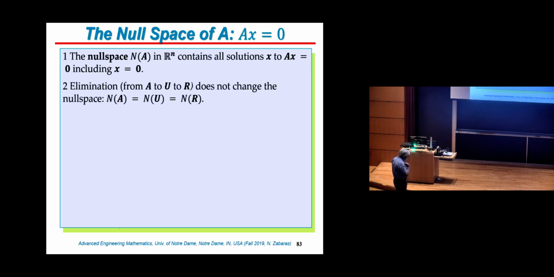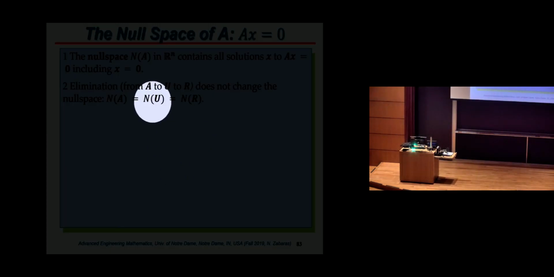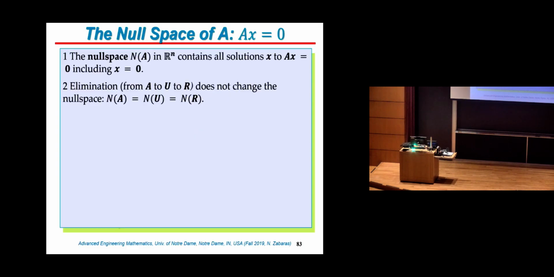So the important thing is, since we are going to be doing elimination and row operations, the good news is that when you do row operations and bring the matrix A to an upper triangular matrix U, that's our LU factorization, and then to the row echelon form that we will discuss today, similar to the Gauss-Jordan form, these row operations do not change the solutions to the null space.